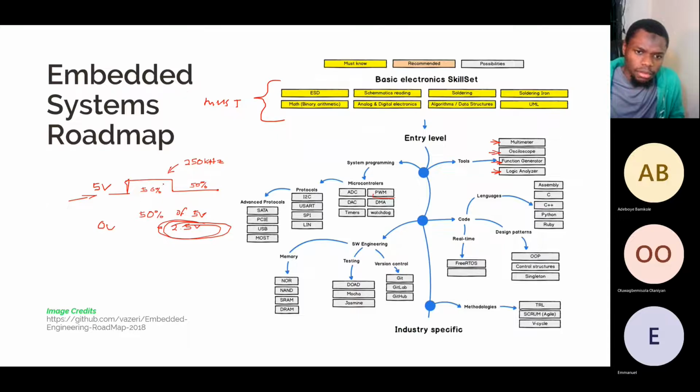You can also change this to maybe 25%, and then you get 25% of the full voltage. So that's what you get with PWM signals. I'm not sure we can call this analog or digital, but to me it's almost like a blend of both worlds.